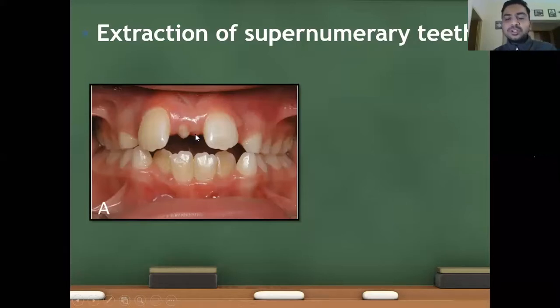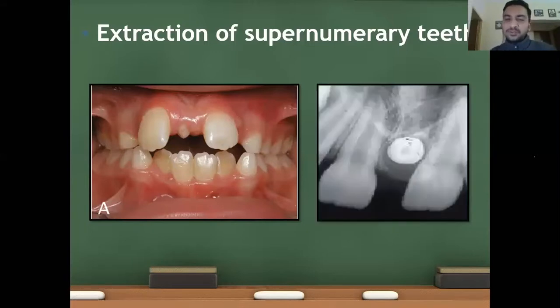So a supernumerary tooth or teeth can displace the permanent teeth away from their normal position, resulting in malocclusion. So if we see supernumerary teeth very early, we have to extract them, as in this case. At times when you extract the teeth very early, when the permanent teeth are still erupting, this gap can be closed naturally without any orthodontic treatment.